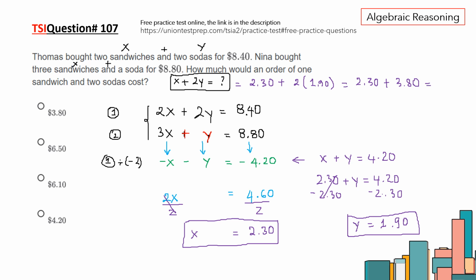Now you add them up. 0 and 0 is 0. 8 plus 3 is 11. Write 1, remember 1. So 2 plus 3 is 5, plus the remembered 1 is 6. So the total is $6.10 for 1 sandwich and 2 sodas.